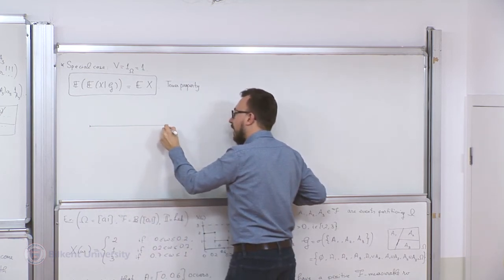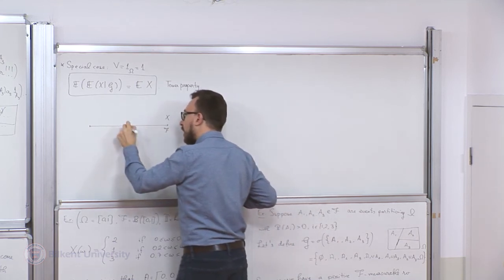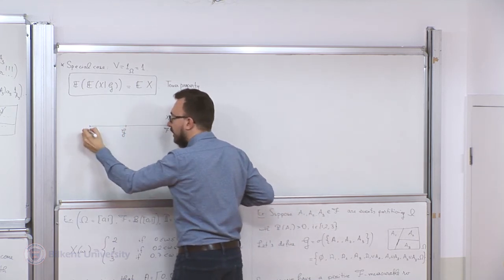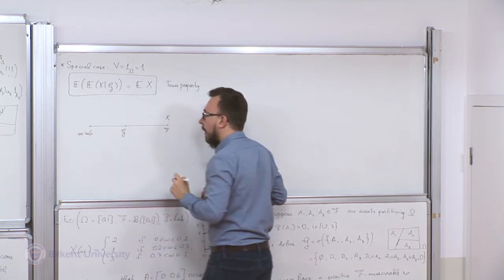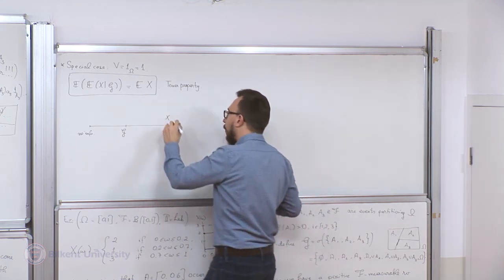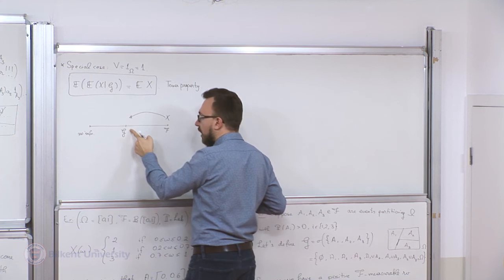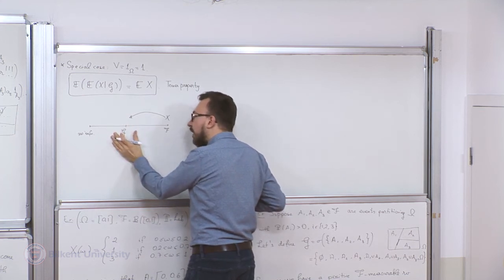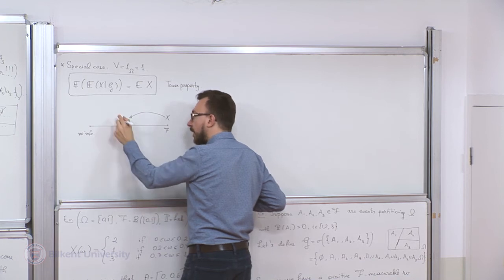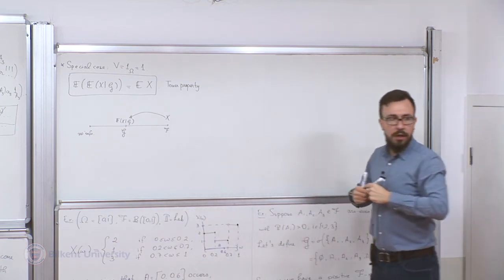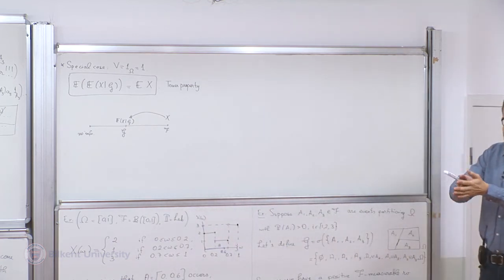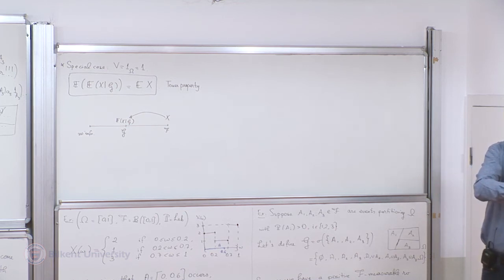So you have an F measurable random variable x. And you have some partial information. And this is the case where you have no information, okay? No information. So what you can do is to estimate x given the information stored in G. Your estimate will be x given G, right? So now this is a G measurable random variable, still random. So you can give it as input to somebody who knows nothing and ask this person to estimate.